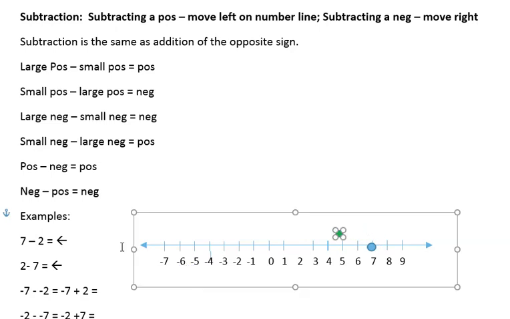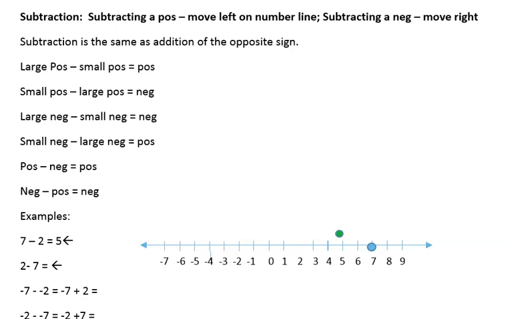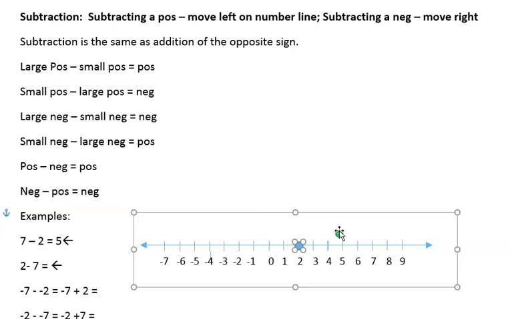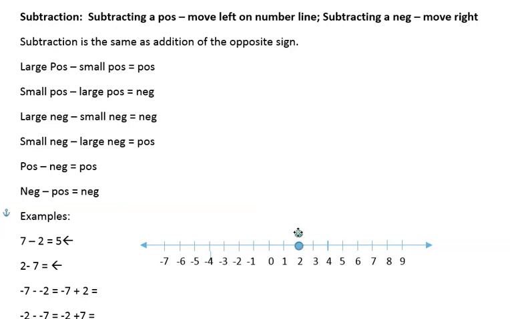So I end up at 5. 2 subtract 7, so I start at 2, and I subtract 7, so I'm going to move this direction 7 over. I end up at negative 5. Note that that's the same as 2 plus negative 7. Either way, I'm moving left.